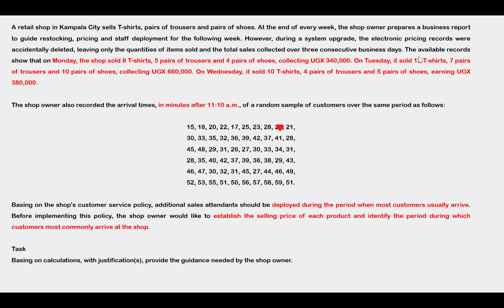And then the third objective is to recommend to the retail shop owner the best time for deploying additional sales attendants. So given those three objectives ahead of us, I beg to begin my presentation.